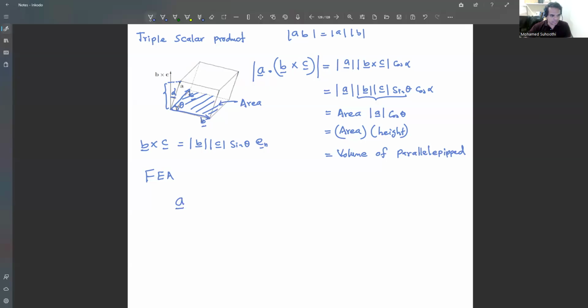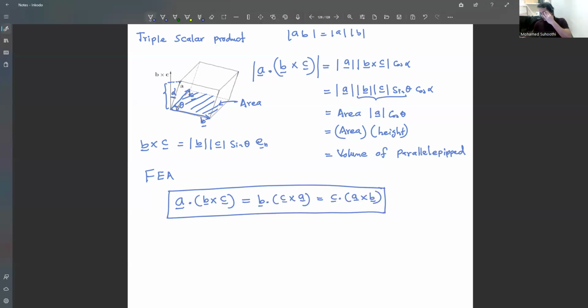That means A dot B cross C, or B dot C cross A, or C dot A cross B, is the same because it is a volume, right? In all cases, it gives only the volume of the parallelepiped, right? So these are the properties of the triple scalar product.